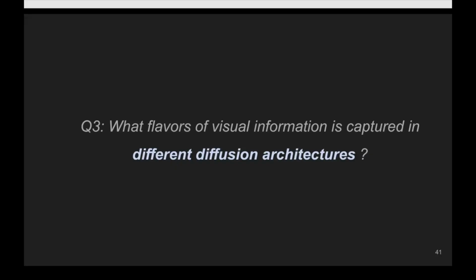So another question we wanted to study is this, we started off with Stable Diffusion variants. Since you're taking activations from the residual connection, what you expect is the cleanest image would have the most information. But another question to ask is, at what point did the diffusion model really start generating this image?